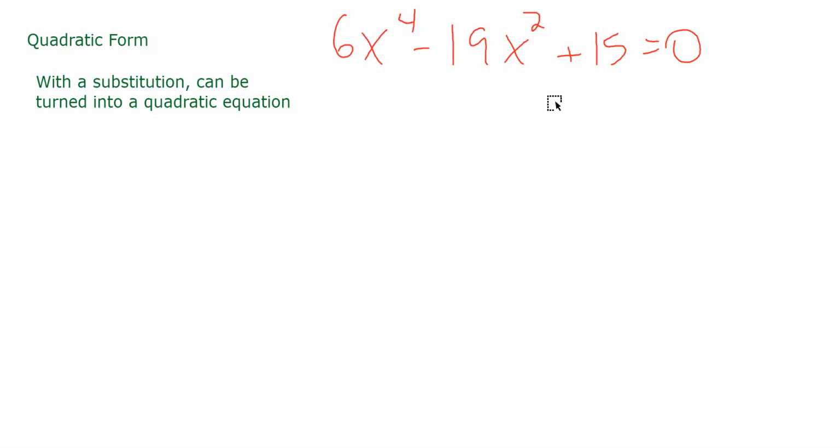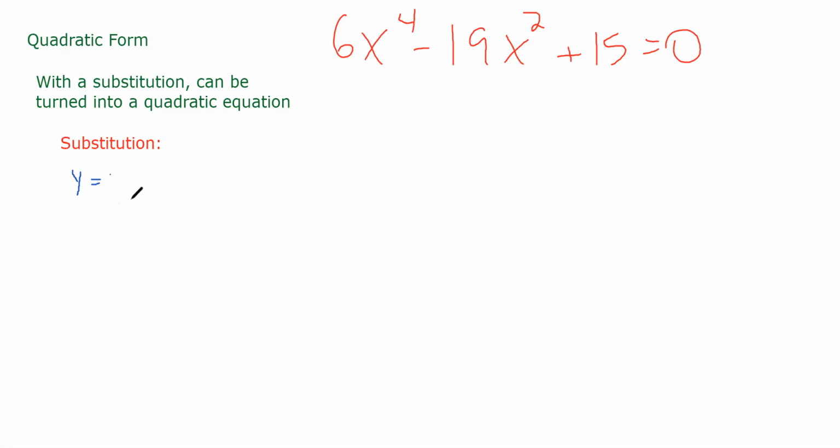That actually means that this is in a quadratic form, because what we could do, if you were, say, bored, you could make this substitution. Check this out. What we're going to say is some other variable, y.